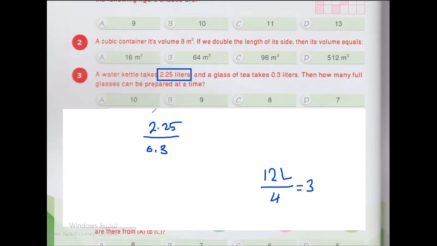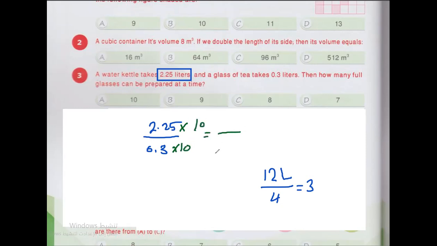Here I have 2.25 liters. We want to pour the water into glasses. He asked how many full glasses can be prepared at a time. So you divide 2.25 by 0.3, right? Yes. So how do I solve this problem? The first time you must cancel the decimal, so you multiply by 10, right?